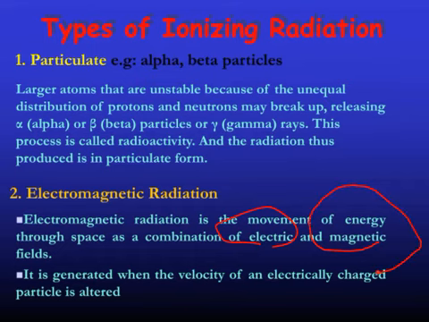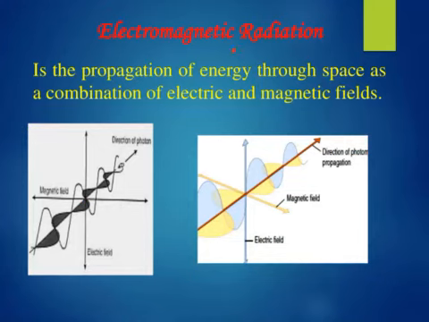electric and magnetic fields. That is why it is named electromagnetic radiation, because it has both electric and magnetic fields. An electromagnetic radiation usually travels together, both in combination. When this wave travels together, the energy is propagated, meaning it moves in the form of photons.